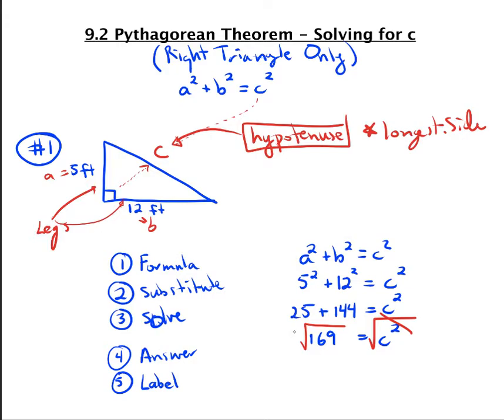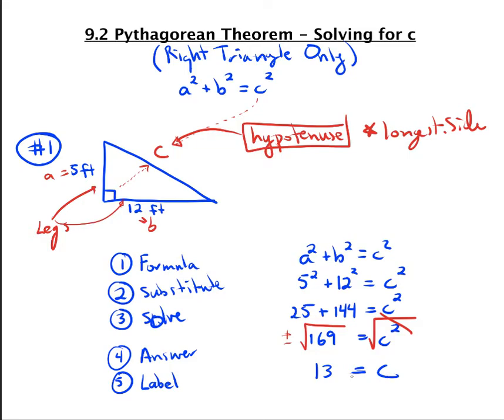Now, technically in mathematics, this has a plus minus in front of it because you could have a positive one that works and a negative one that works. But for this problem, because it's a triangle, it is only going to be using the positive one. So the square root of 169 is 13, and that equals c. Not c squared, because remember the squares got canceled out by the square rooting of both sides.